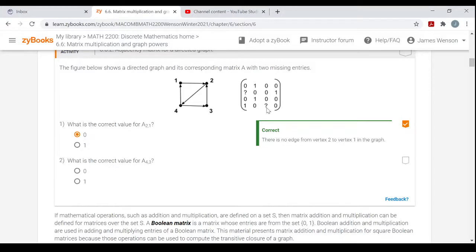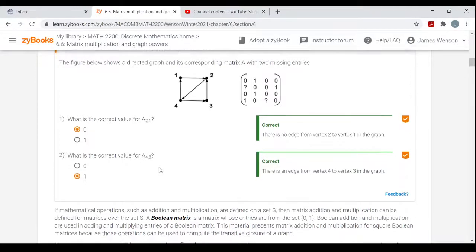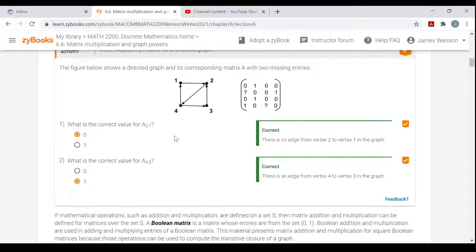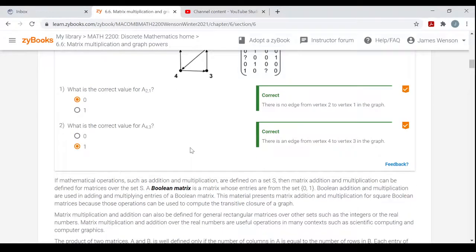So in row 4, column 3, there'll be a 1. So it should be very easy to make these adjacency matrices with zeros and ones when you're looking at a graph. And the other way around too, if you're given a matrix, you should be able to easily draw a graph that corresponds to that adjacency matrix.